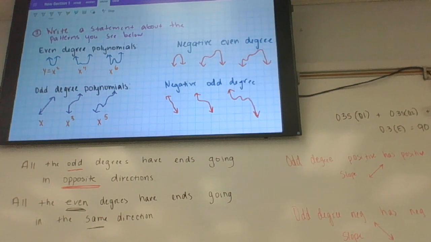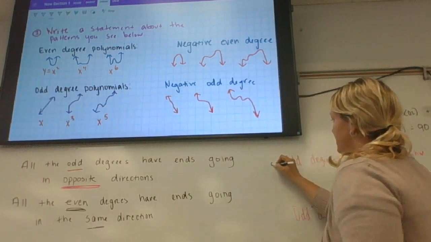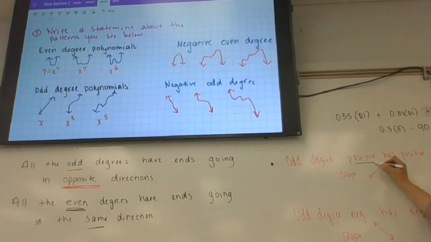So if it's an even degree and it's positive, both ends will go up every time. If it's an even degree and it's negative, both ends will go down every time. These are truths that you can rely on. And then if it's an odd degree and it's positive leading coefficient, it has a positive slope.